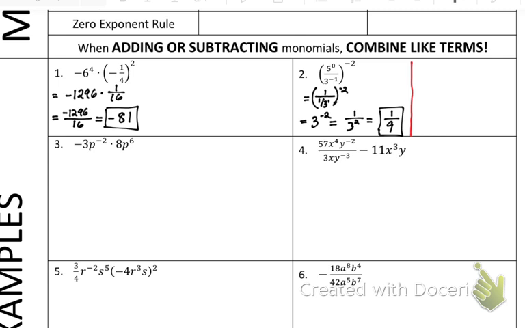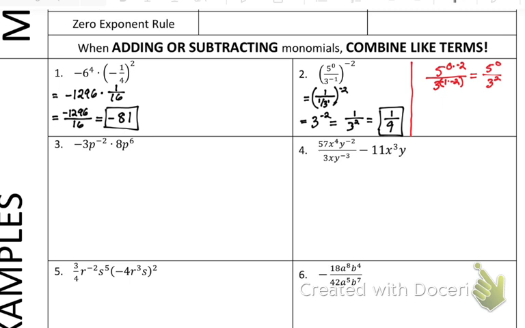So another way we could have done this is we could have written the top as 5 to the 0th times negative 2, all over 3 to the negative 1 times negative 2. I know I'm kind of sloppy there, but we're basically multiplying that negative 2 by both of those powers. Well, this will give us 5 to the 0th over 3 squared, which would be 1 over 9.